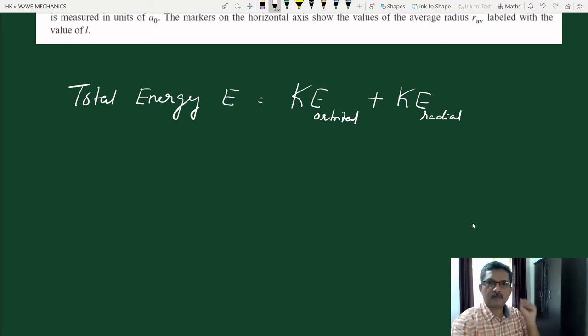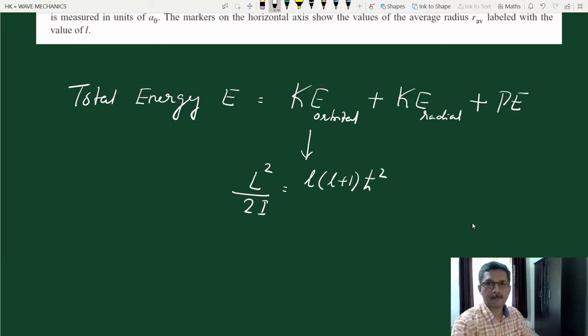Here this orbital kinetic energy we can write as L squared by 2I, where L is the angular momentum and I is the moment of inertia. So the numerator is L(L+1) h-bar squared, and the denominator I is m r squared. If we assume that the nucleus is stationary, this m is the mass of the electron. If both nucleus and electron are moving, this m is the reduced mass of the two.